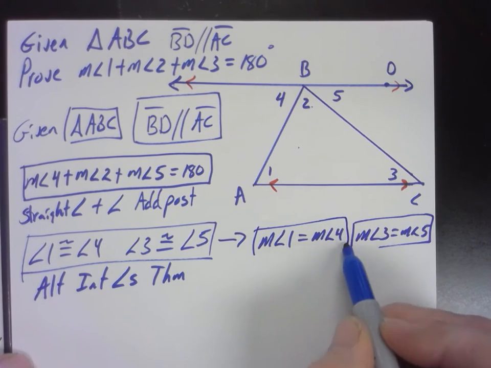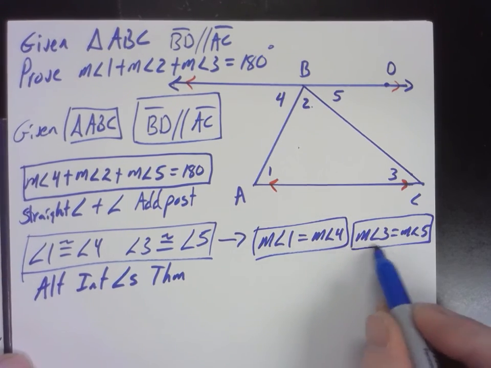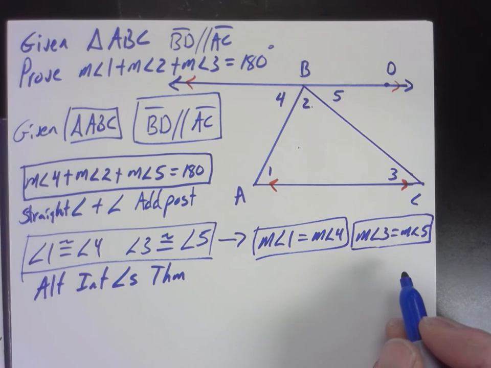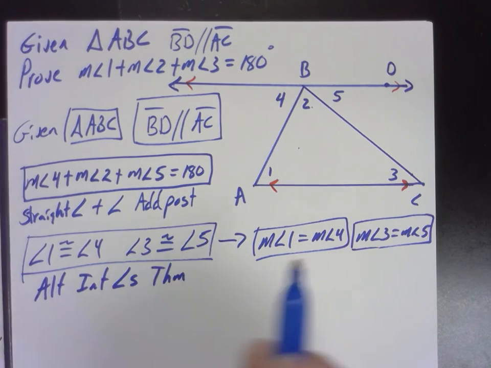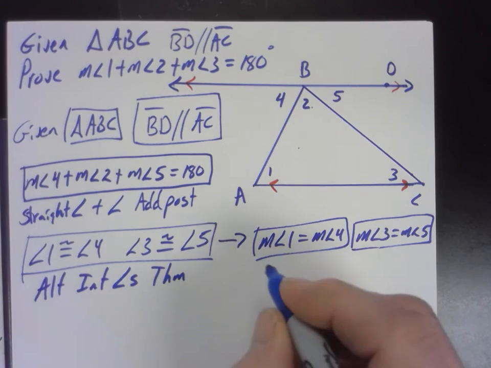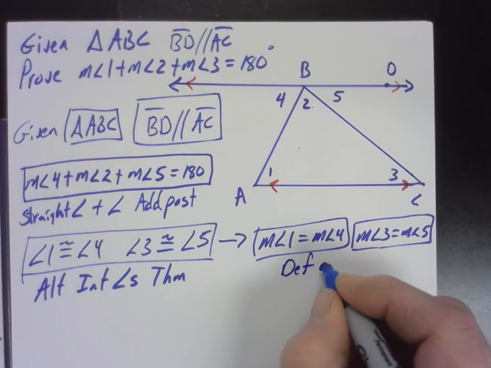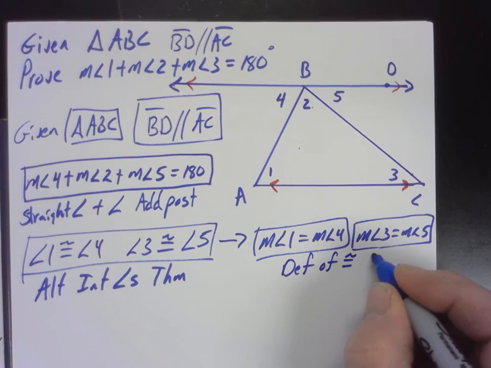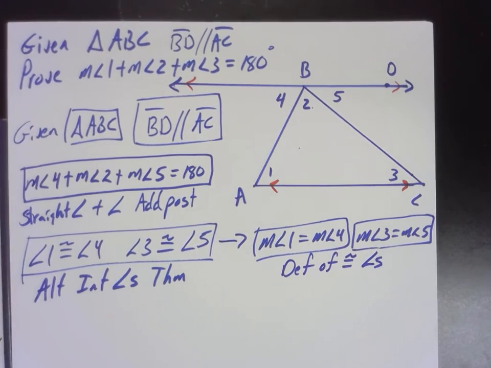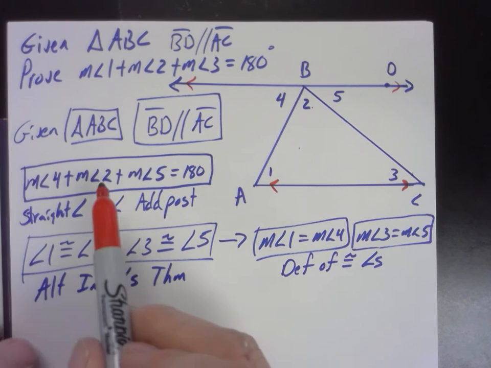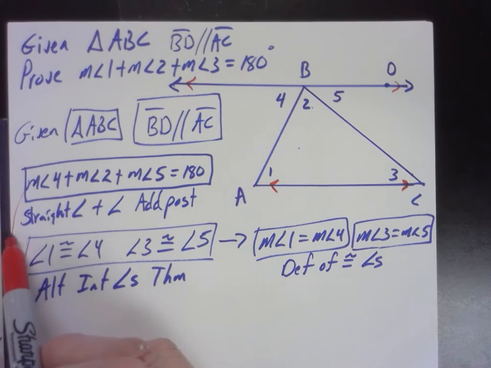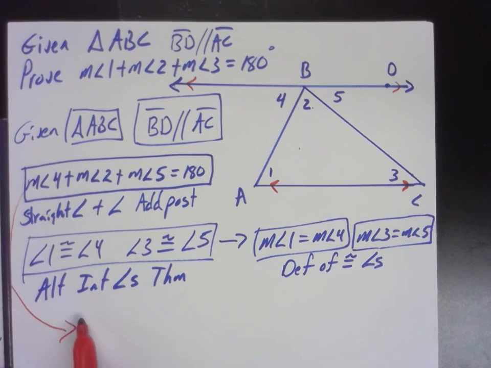How do we know? Now, if they're congruent, their measures are equal. How do we know? Definition of congruent angles. Okay. Now let's go back to this thing right here. I'm just going to draw an arrow coming down here.